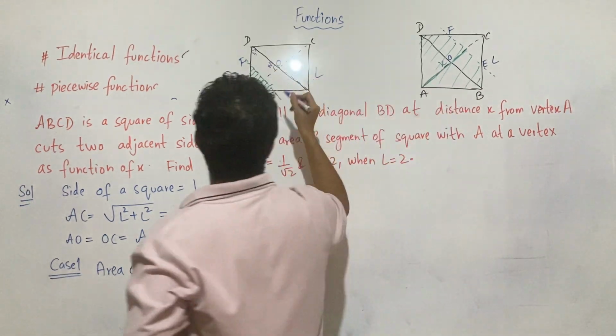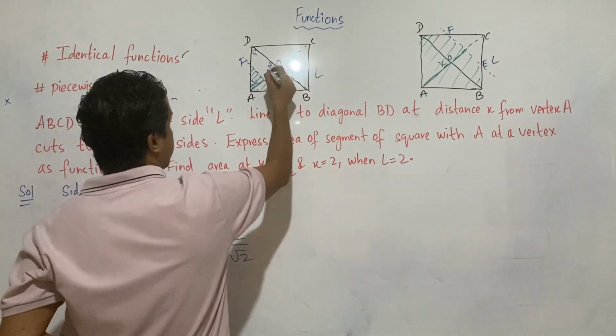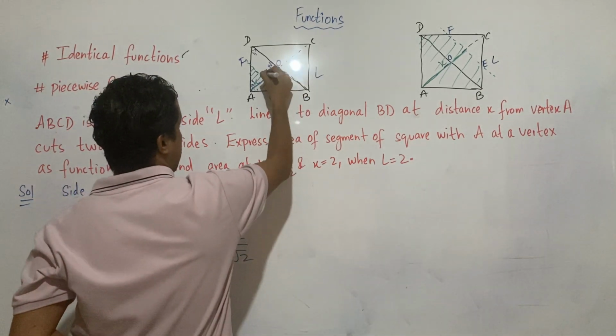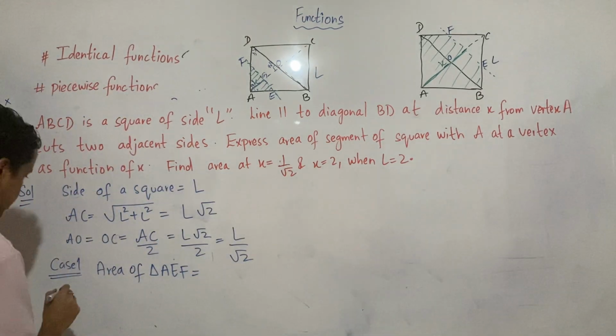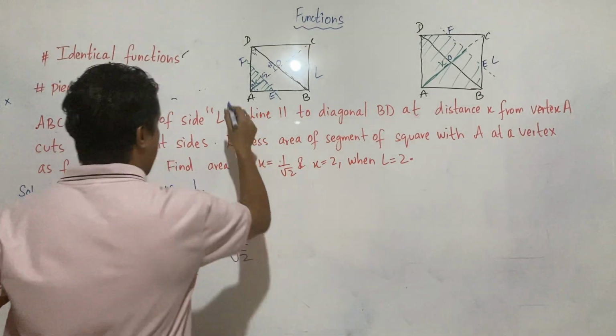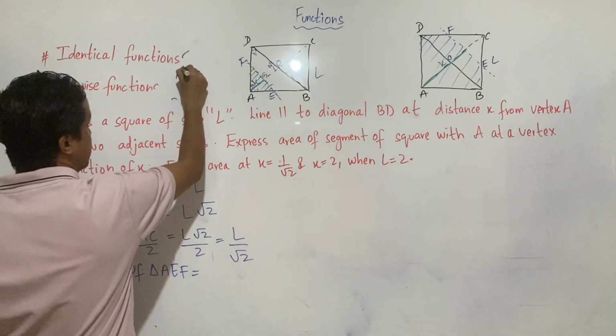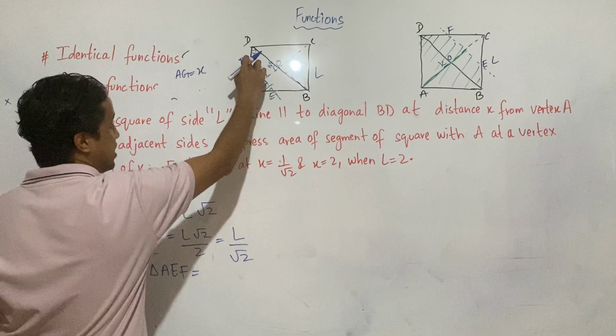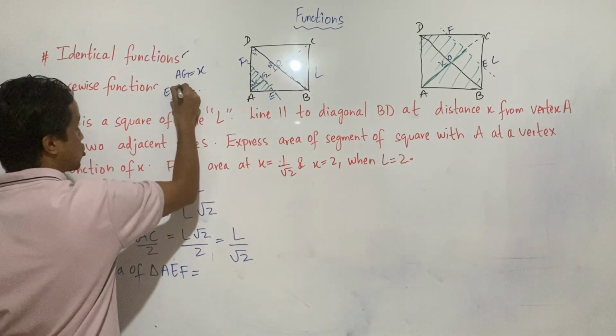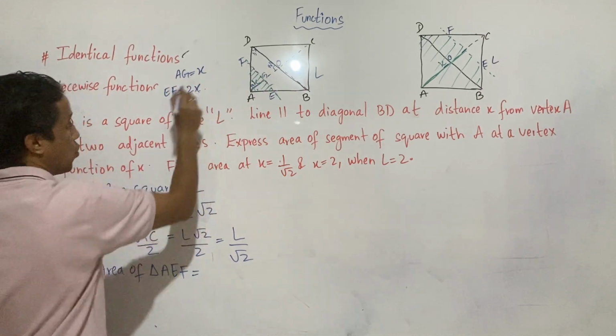So here, I say this is G. Here what I know is that AG is x, and EF is going to be 2x. Why?